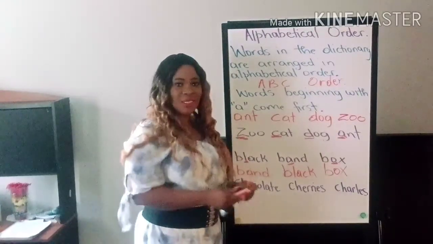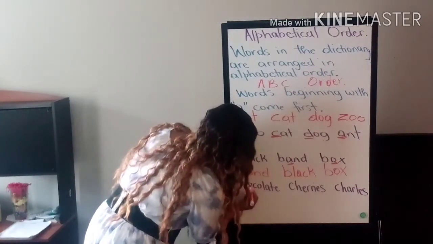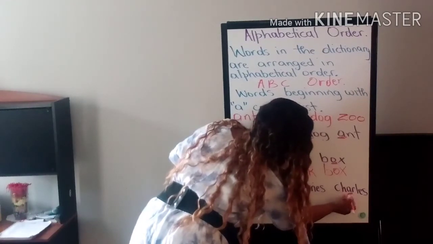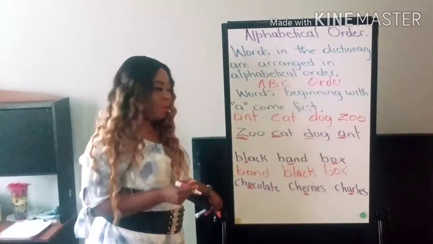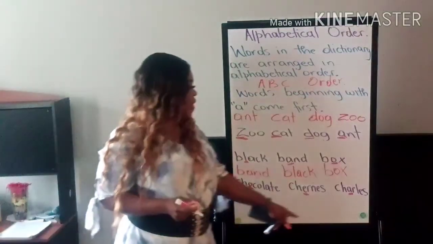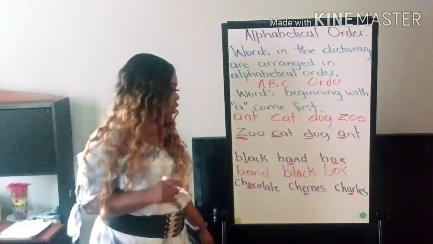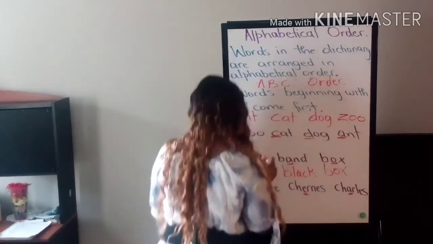So you will go on to the third letter and underline it for me. Don't forget, so that you won't make any mistake, okay? And just like you did before, you are going to see which of these would come first in the dictionary. And if you said A, ding, ding, you are right.